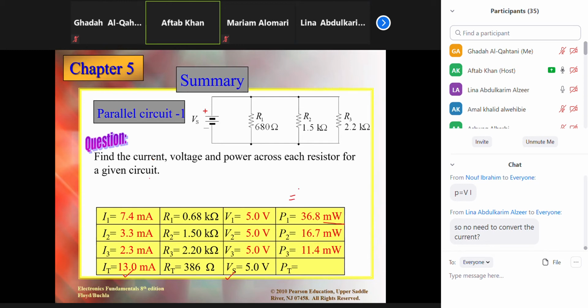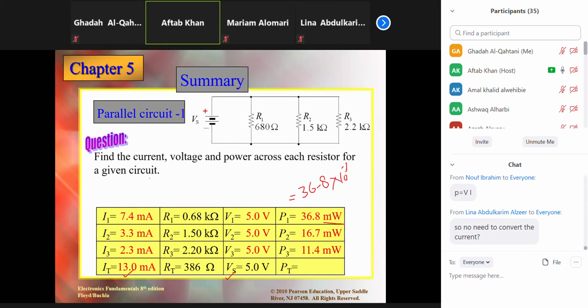It will be 36.8 into 10 power minus 3. Will it be like that or not? Yes. So we know that minus 3 is what? It's milli, basically. Yes, it is good. We should write our result this way with the prefixes rather than 10 power.